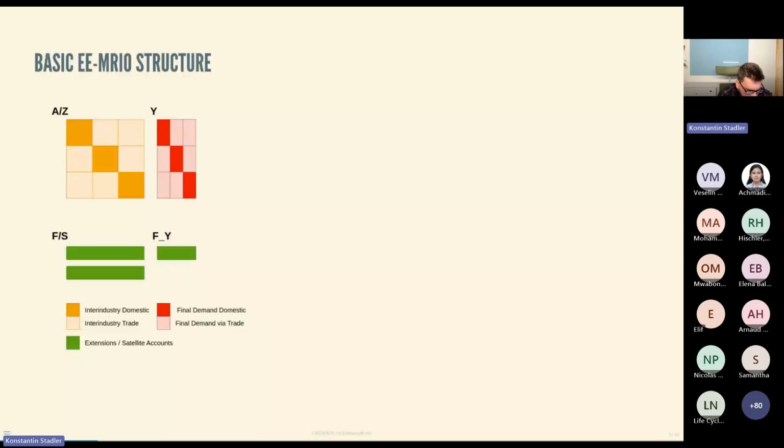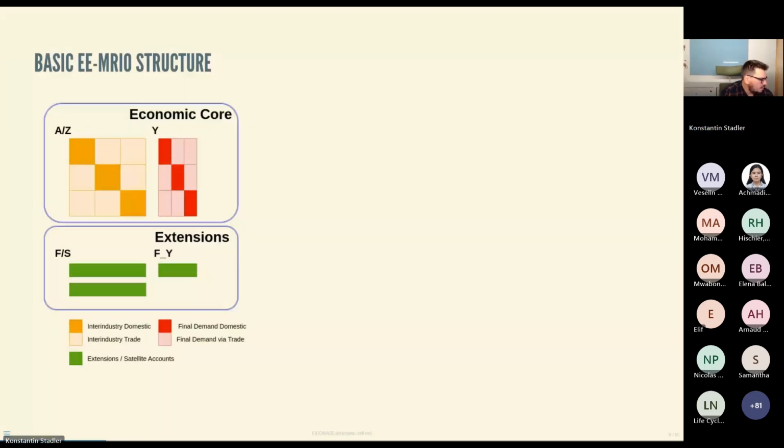And this can be very aggregated to 3 sectors, or we can have a description in 100 and 200 sectors. I usually separate these into one economic core, where we have the A matrix, which describes the intersectoral relationships, and the final demand, and the extensions.